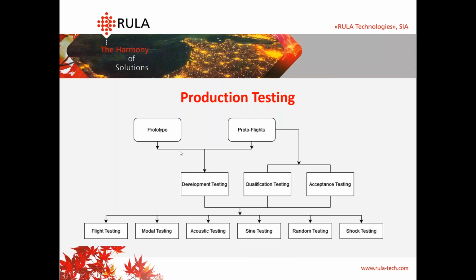But for example, a prototype at the development step will have different sine testing than a prototype model at the acceptance step. So you need to know that all these tests will be different at all steps of the development.